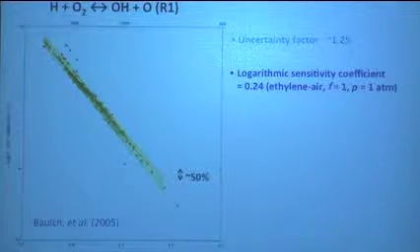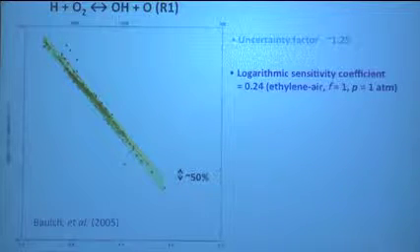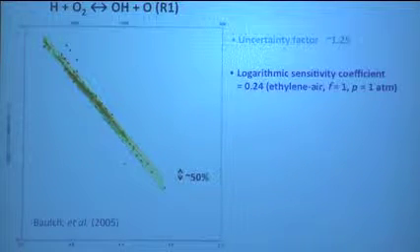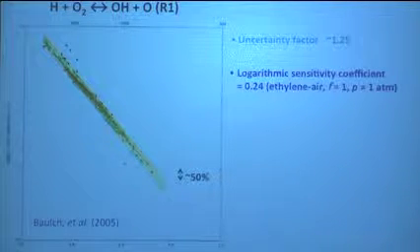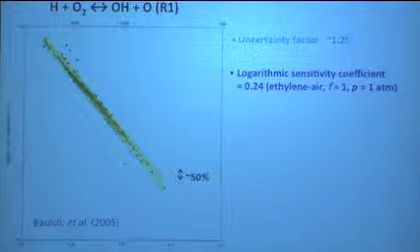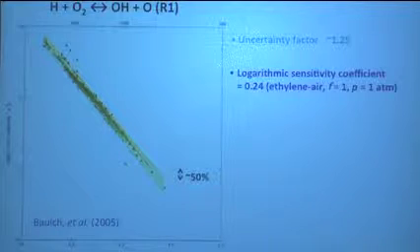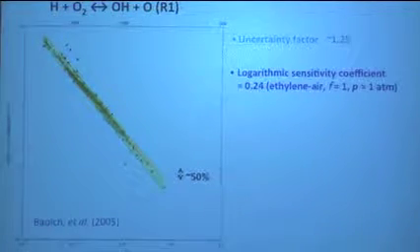Okay. And I can calculate a sensitivity coefficient. That's d log S_u, d log k, where S_u is the laminar flame speed, k is this rate constant. I get a value of 0.24.